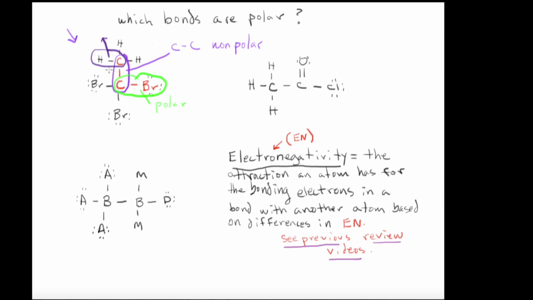There's no way that's going to happen. So you need to apply rigorously the trend, which you already know. The H is far to the left, the carbon is far to the right of the hydrogen, and therefore there has to be a difference in electronegativity. Based on that, we would characterize this bond as being polar.